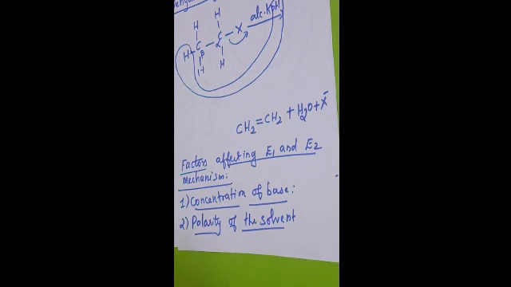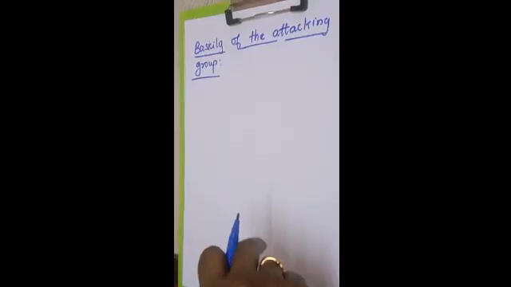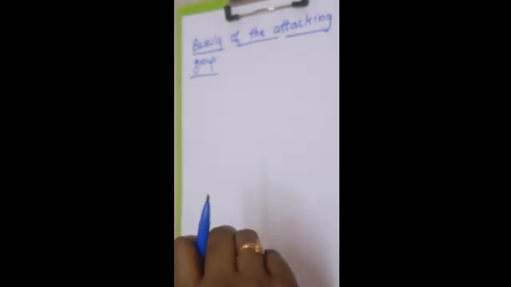Then next one is basicity of the attacking group. That is, the rate of E2 mechanism increases with the increase in the basic character of the attacking group.